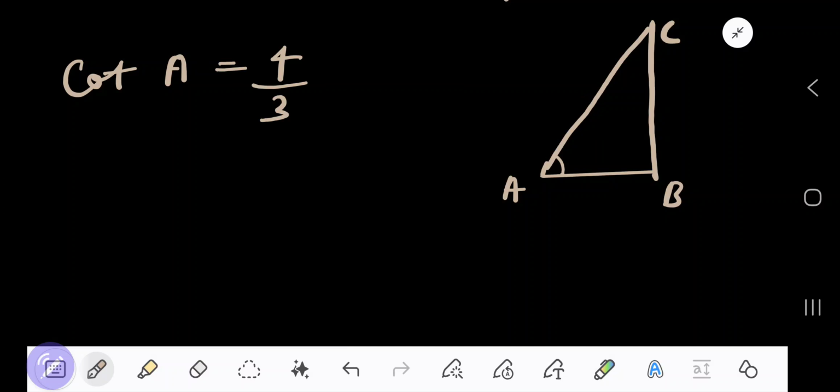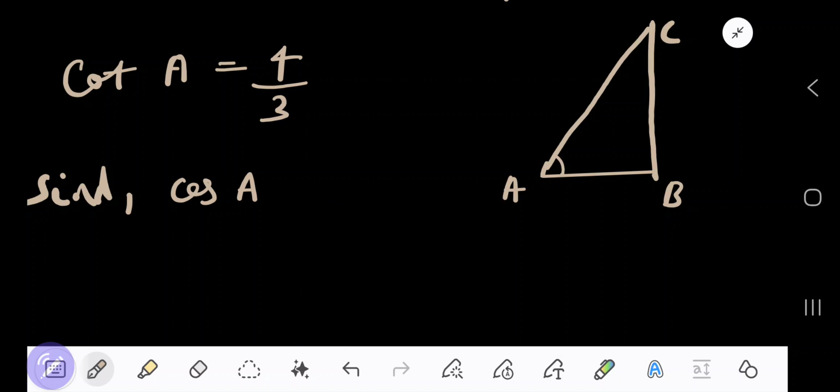In this triangle, suppose say this is A, this is B, and this is C. So say this angle is acute, that means it's less than 90, and they've given cot A as 4 by 3. So we have to find sin A and cos A. How would we do that?